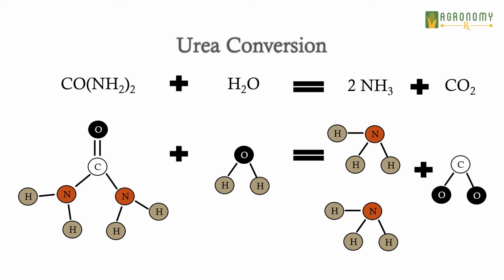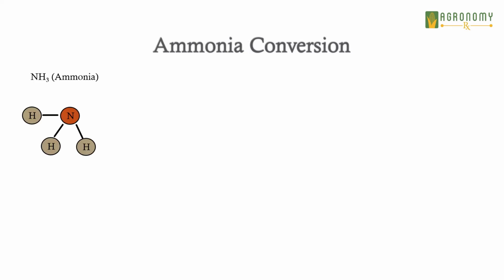Now, what did we talk about a minute ago in terms of NH3? First of all, it's not plant available, and second of all, it's extremely unstable. It can be broken down and lost off into the air as gas as well. So we need to convert that. So now, the ammonia conversion process.